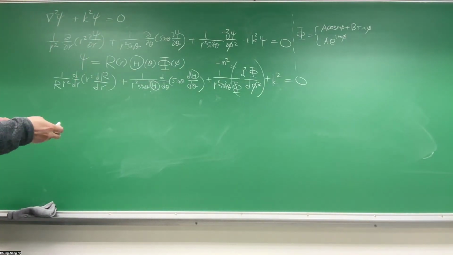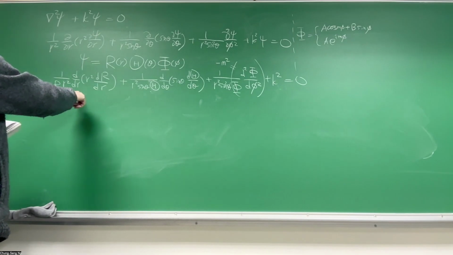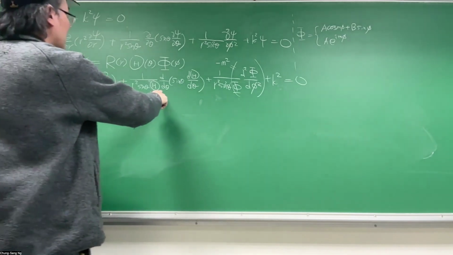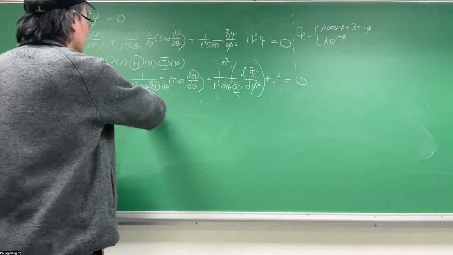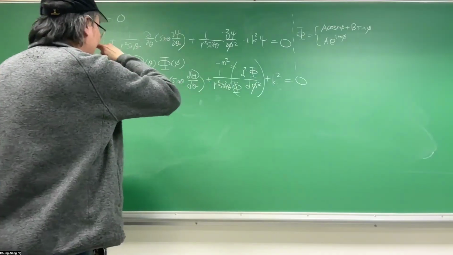Now it's still coupled in the sense that this is r only, and this is one over r squared, m.